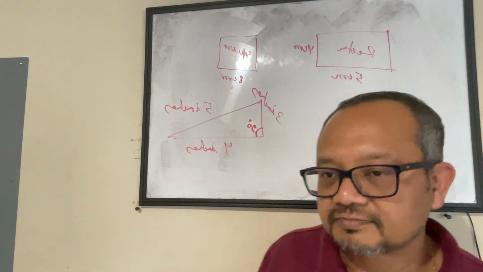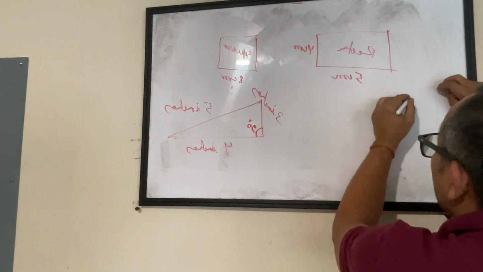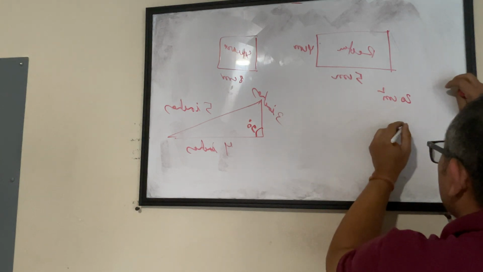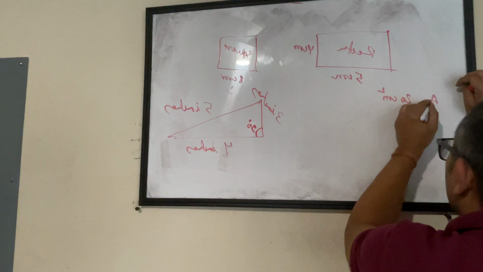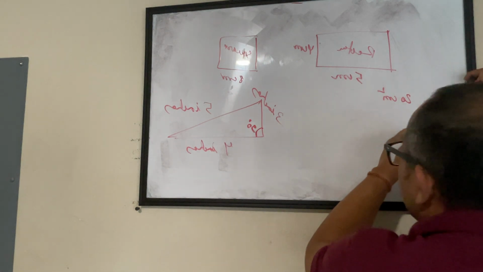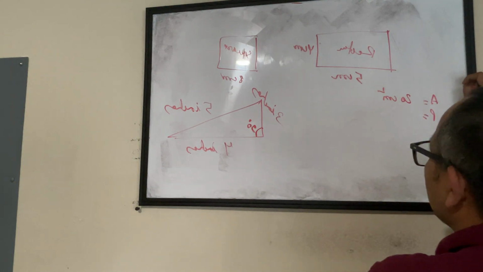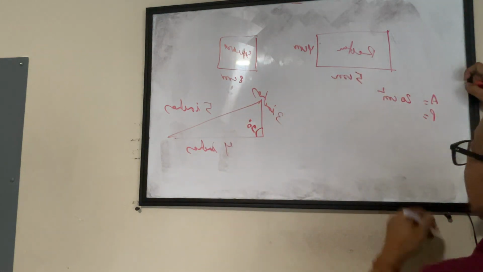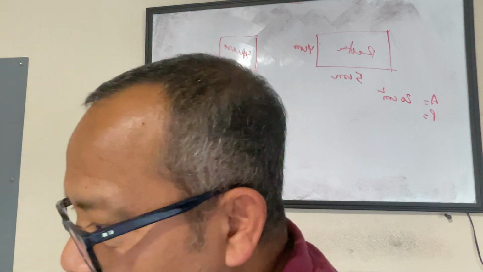For the first one, I got 20 centimeters square. 20 centimeters square is what, area or perimeter? Area. Okay. Be quick. For the square, I did the areas only.